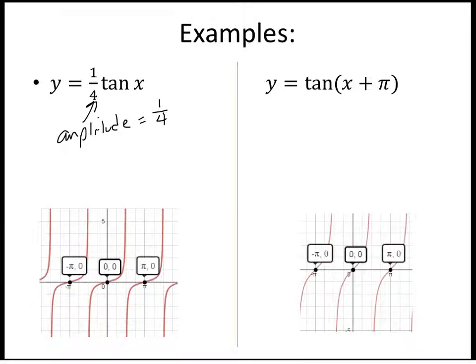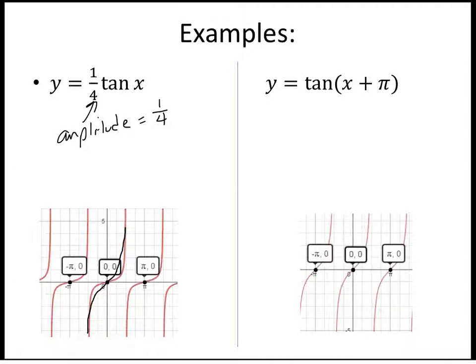Nothing else is happening with this, right? So instead of having a smooth curve like this for regular tangent, you're going to have a smushed, almost boxy curve, if you will.